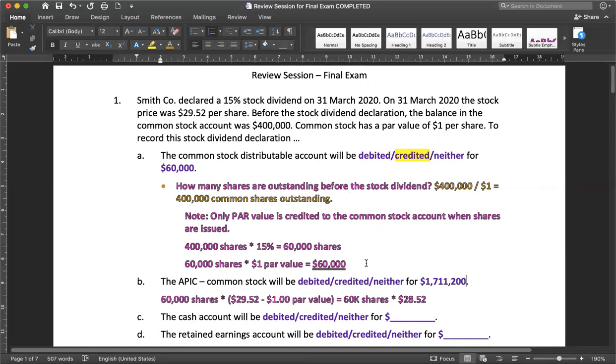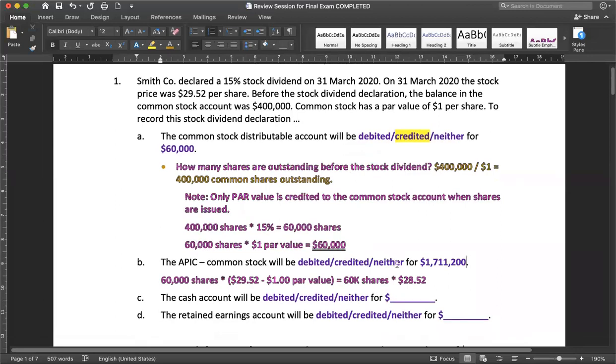And this is going to be credited, so let me just add that here. So the common stock distributable account will be credited for $60,000, and then the additional paid-in capital will be credited for the difference between the price per share and the par value times the number of shares. And this gives us then the $1,711,200.